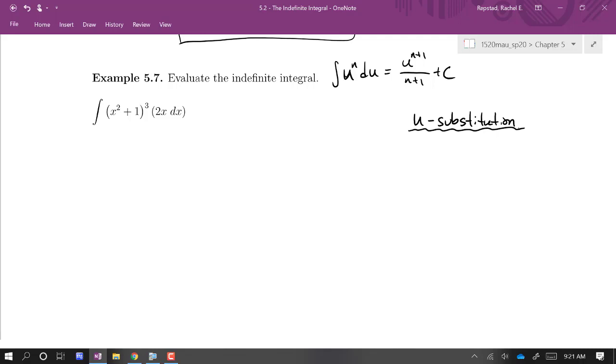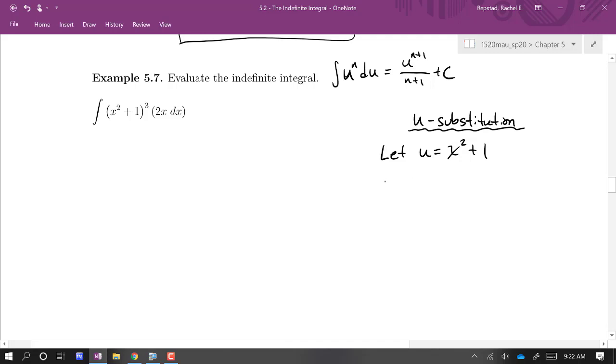So I want to fit an integral to this power rule, which means I have to see it as some stuff to a power and then times du. Now, the stuff that we're raising to a power is x squared plus 1. I can see I have stuff to a power, this parentheses cubed. And if this is going to fit u to the n du, then we're going to let u equal x squared plus 1, because that's the stuff that's being raised to a power.